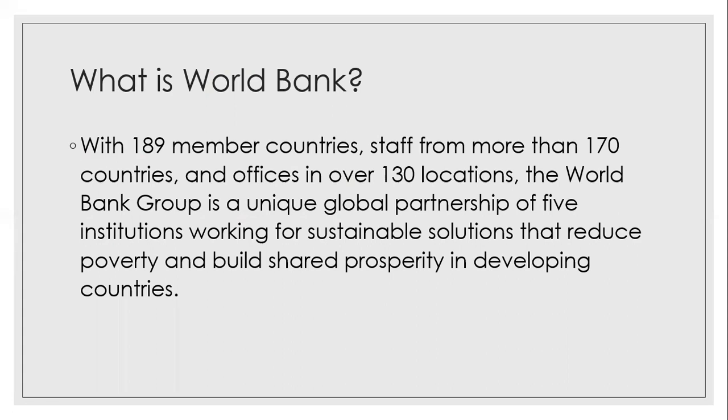So with 189 member countries, staff from more than 170 countries, and offices in over 130 locations, the World Bank Group, so this is a group of banks. Five banks are there. The World Bank Group is a unique global partnership of five institutions working for sustainable solutions that reduce poverty and build shared prosperity in developing countries.